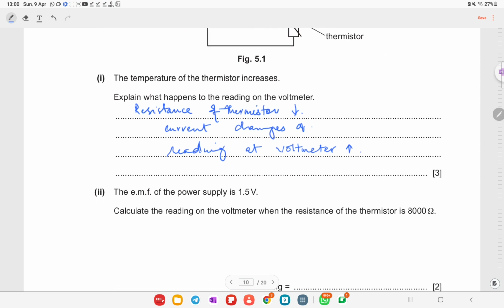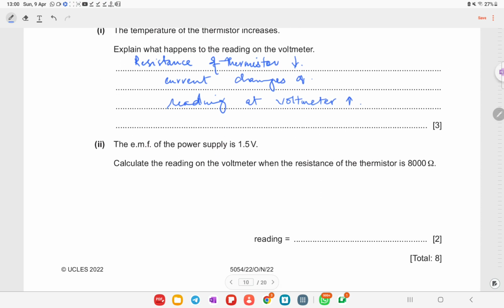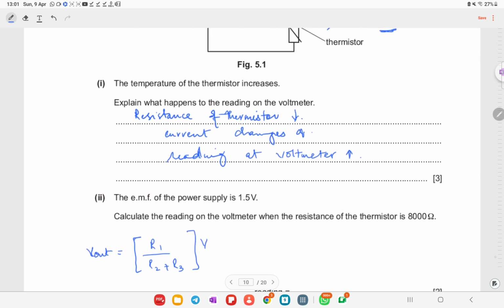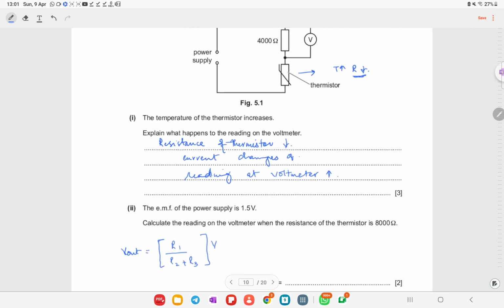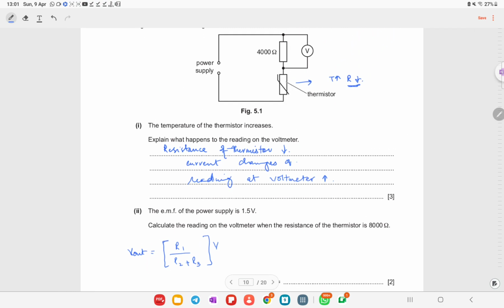Next question. The EMF of the power supply is 1.5 volts. Calculate the reading of the voltmeter when the resistance is 8000 ohms. This is a potential divider question. You use the formula R1 over R2 plus R3 times V. Let me zoom out.